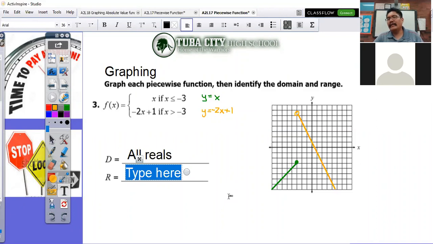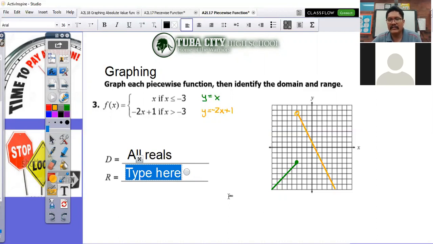Okay, now the range is a little bit of a tricky one, because the range is all the possible y values that you can have. Starting from the bottom, we imagine a horizontal line coming up, and at some point we're meeting both the orange and the green line. And after a while, we're only reaching the orange line. And once we get near the top of the graph, there's nothing above that.